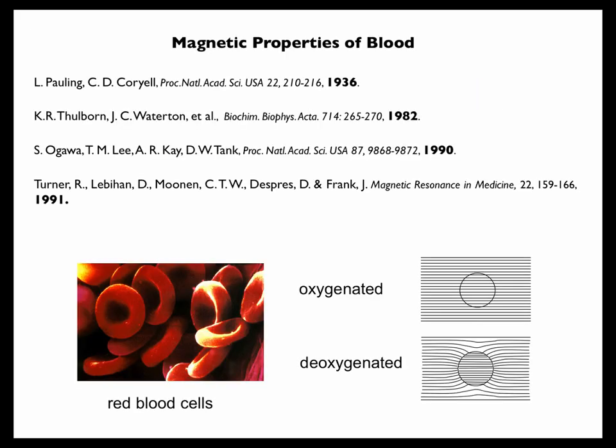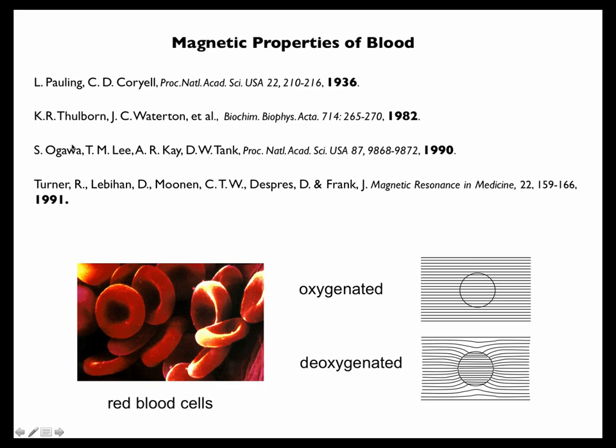So as far back as 1936, or even before then, Linus Pauling knew about the fact that blood, when it became oxygenated, had a similar susceptibility as the rest of tissue. When it was deoxygenated, it was paramagnetic. It basically concentrated magnetic fields relative to the rest of tissue.